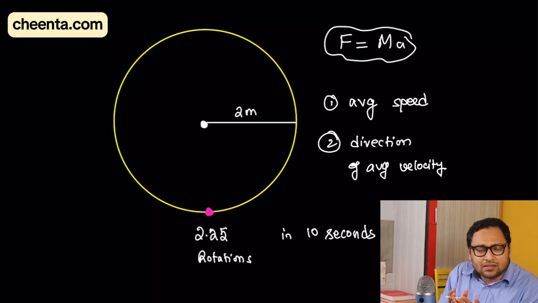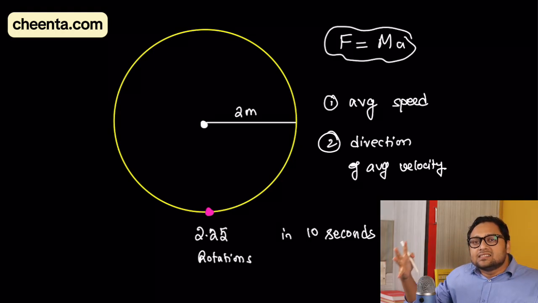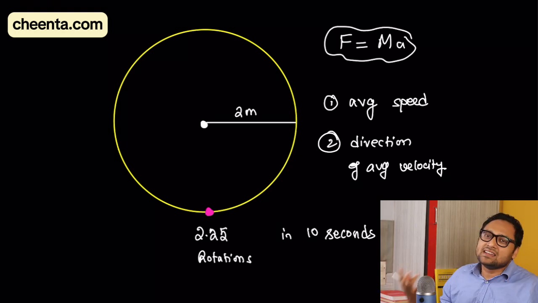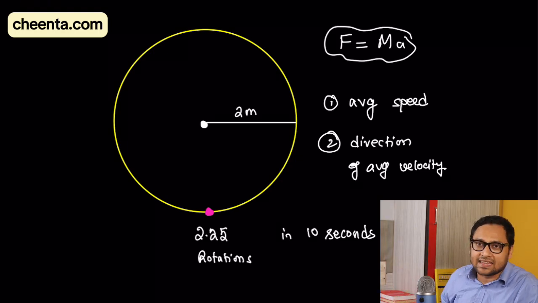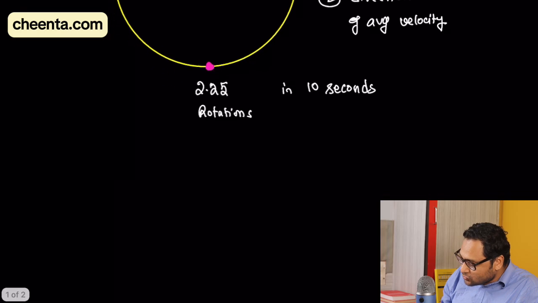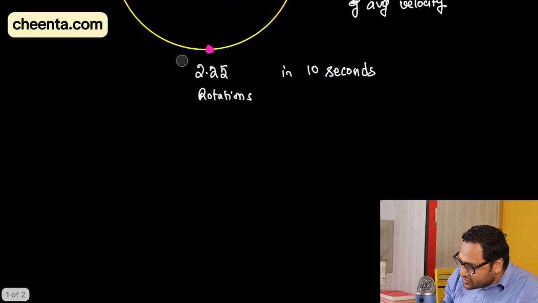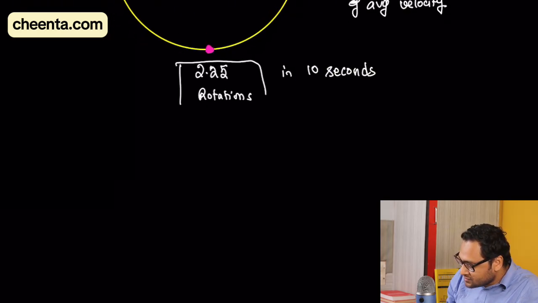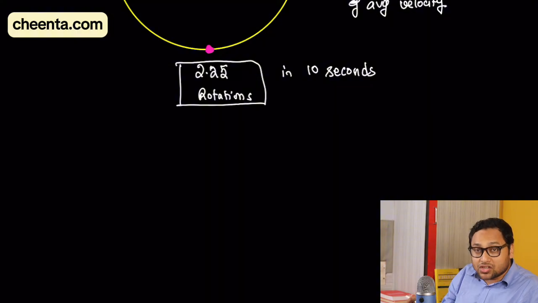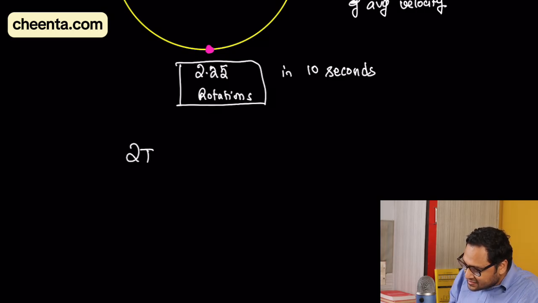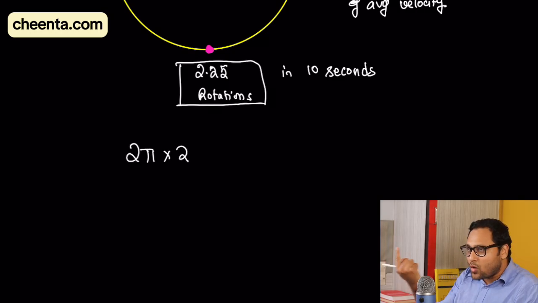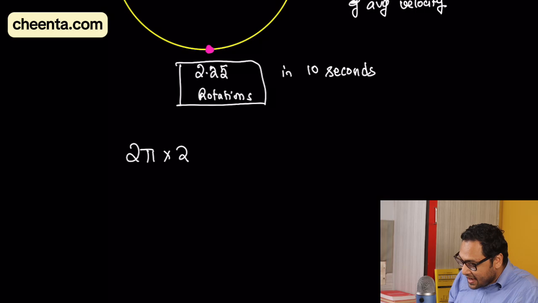It's very simple. The total distance traveled divided by the total time taken. So what is the total distance traveled? There are 2.25 rotations. Each rotation means one circumference worth of travel. So 2 pi times 2 is one rotation, and I did it 2.25 times.